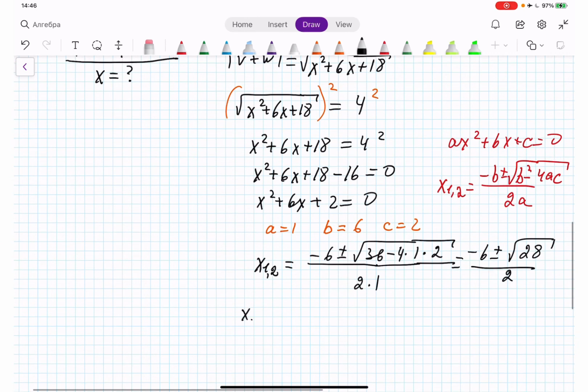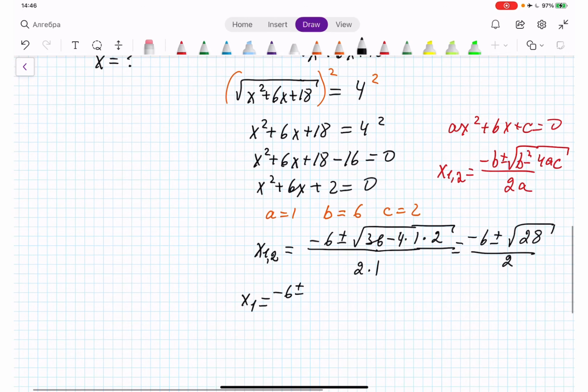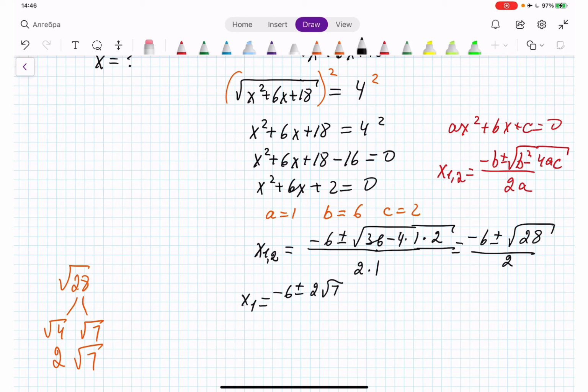Okay, x1,2 from here is equal negative 6 plus minus, well, let's see, I'm doing drafting, square root of 28. I'm breaking it down. This is 4 and this is 7. So the square root of 4 is 2 and the square root of 7 stays underneath. So we are going to have negative 6 plus minus 2 square root 7 over 2. 1 and 2, comma, 1 and 2 with me.